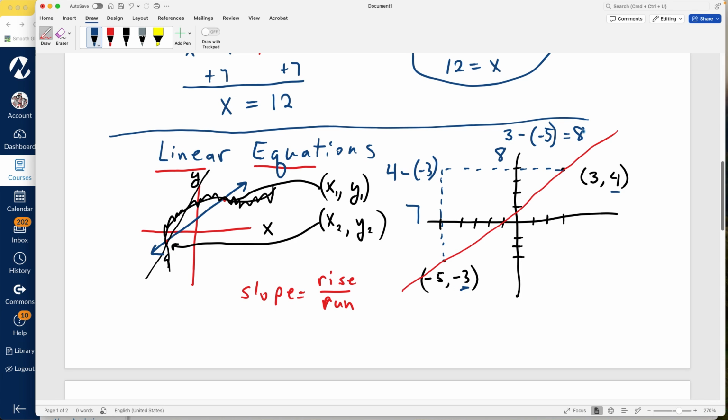Okay, so subtraction gives us how much distance we've covered. And then this ratio will give us our slope. So we would say this line has a slope of 7 over 8. So it's always the vertical change over the horizontal change.